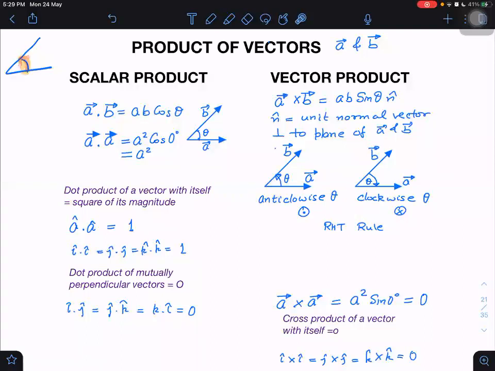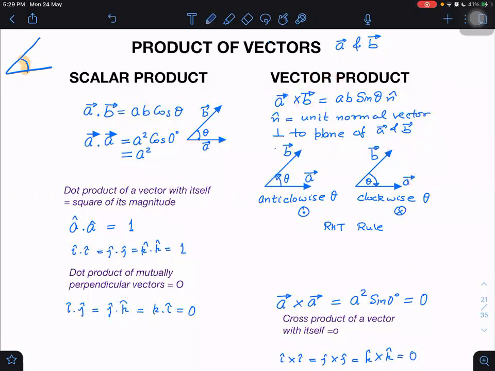But in the case of vector product, I recommend that while you are making the angle, make it with an arrow. This arrow indicates from which term to which term we are taking the product. Are we taking A cross B, meaning first A and then B, or first B and then A?